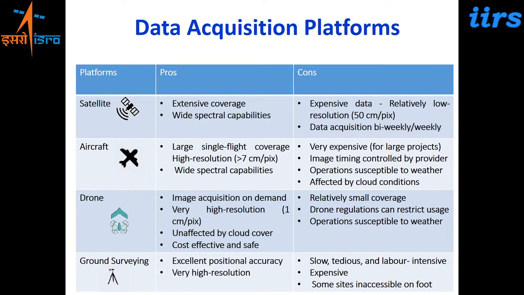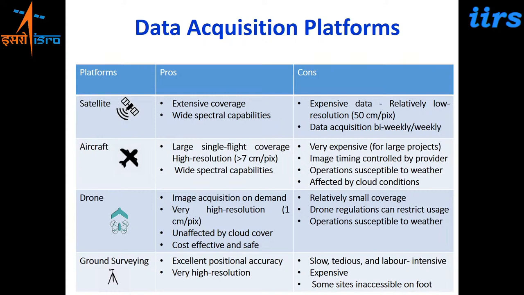Now, drones, in the last few decades, have evolved. They lie somewhere in between the satellite, the aircraft and the ground-based observations. They are the low-cost version of, you can say, airborne data, and they provide very good high-resolution data sets up to centimeter level.